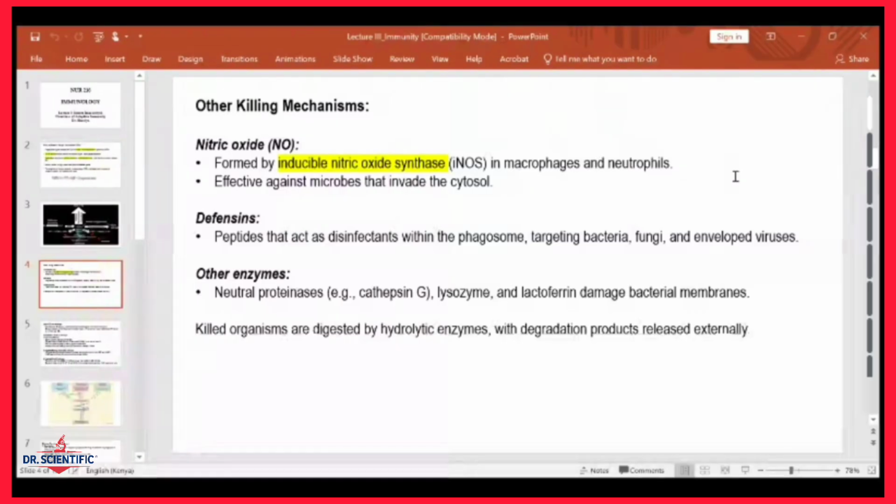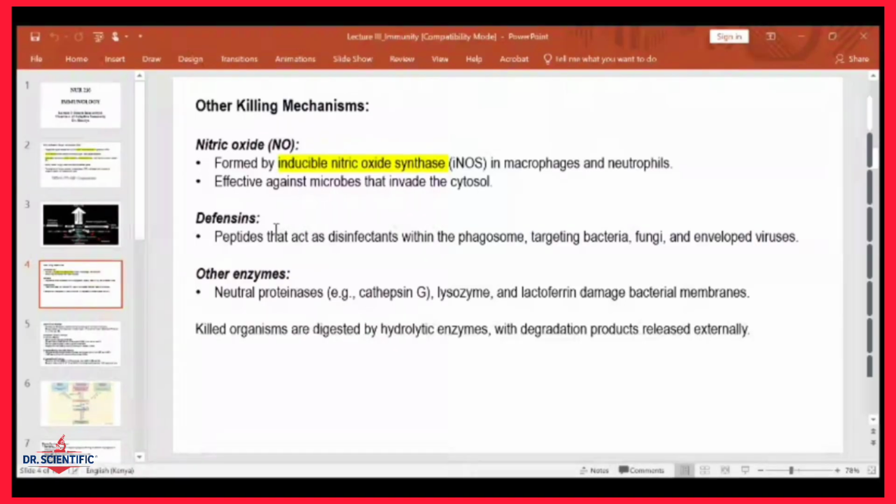We've seen that these are the two cells of the innate immune system that are really phagocytic and play a key role in ensuring that phagocytosis happens. During phagocytosis, we can produce nitric oxide, and nitric oxide is effective against microbes, especially those that invade the cytoplasm.